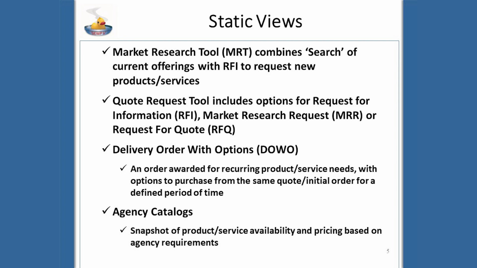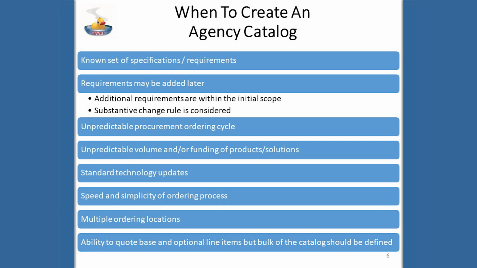To go into more detail, we'll go to the next slide, in which we list the basic criteria to consider when creating an agency catalog. First and foremost, is there a known set of specifications? It's not just an open, vague concept. It is meant to indicate that there is a need that your organization has, and we'll continue with the printer concept.